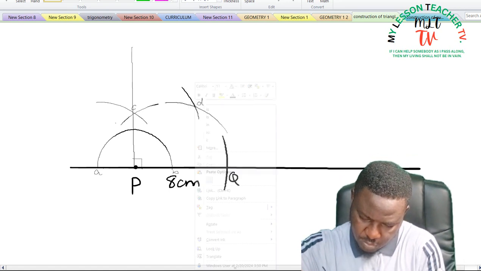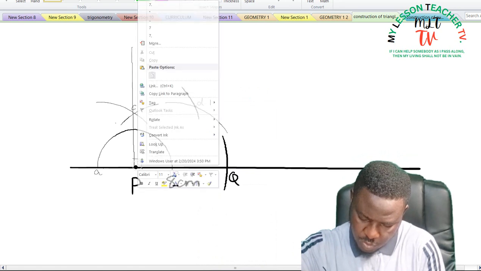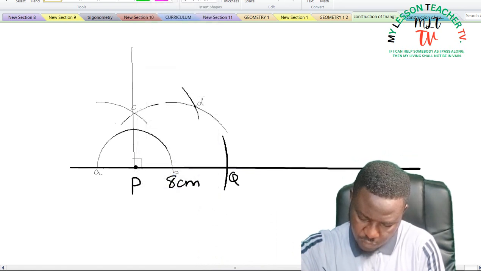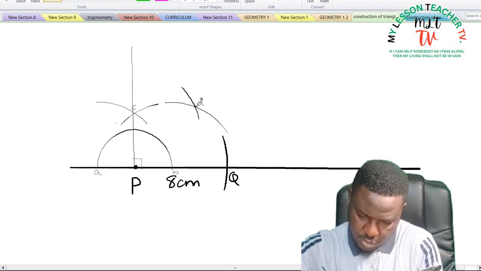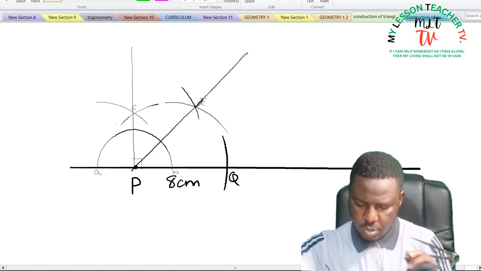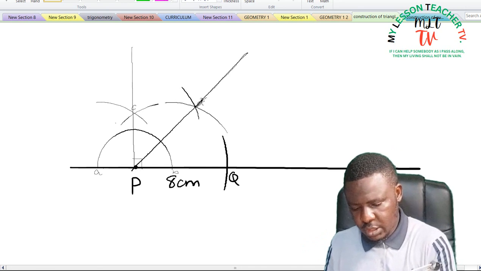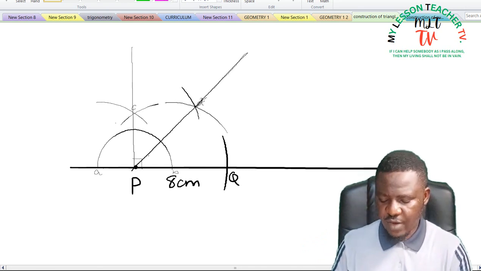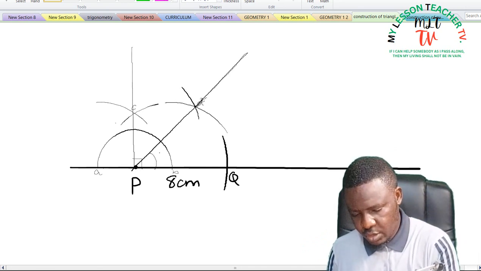Confirm the points before you draw, just the way I'm doing, first to have a good point. Okay, so this is said to be angle 45 degrees.